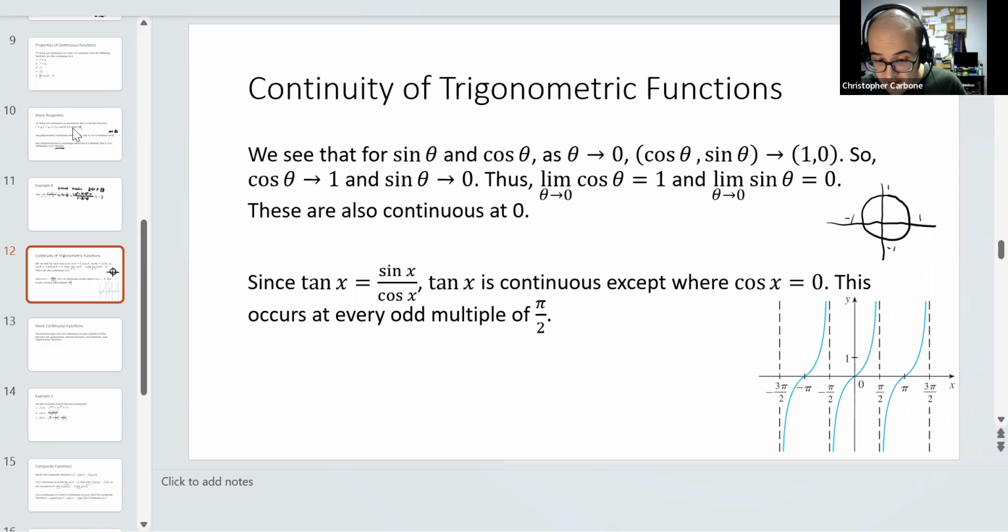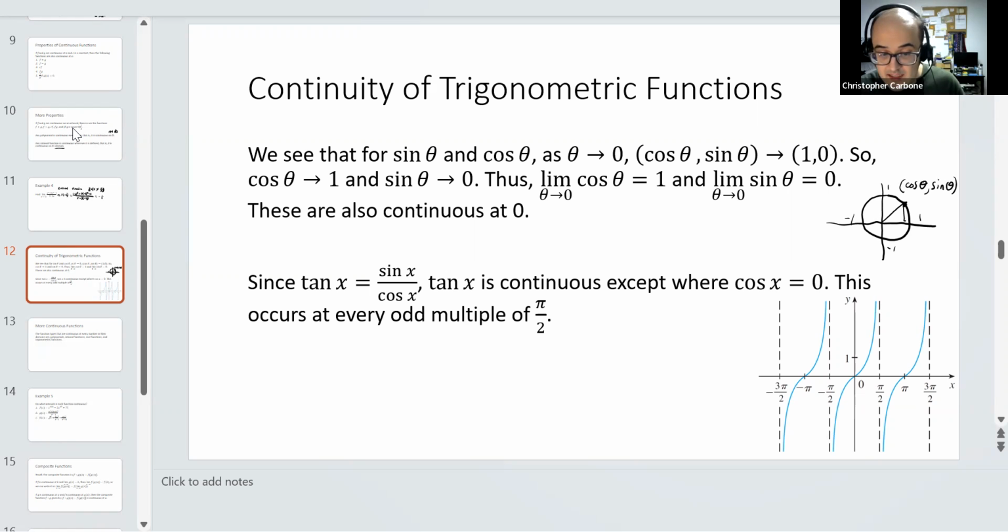We have a right triangle, and we are referencing the point cosine of theta, comma sine of theta.